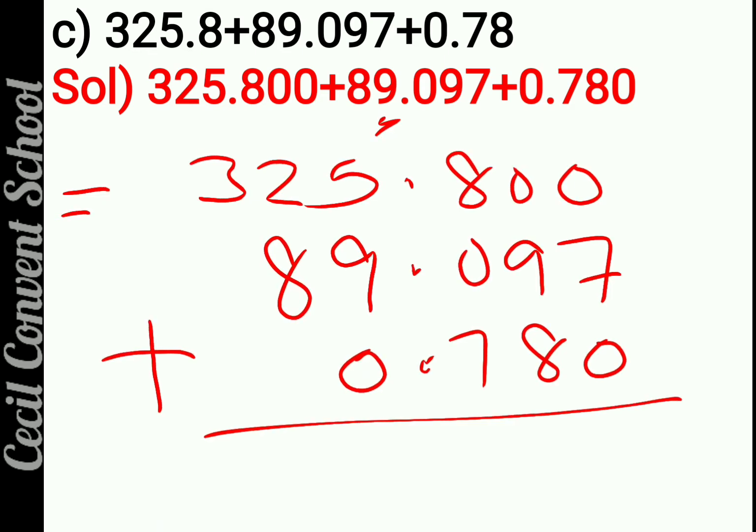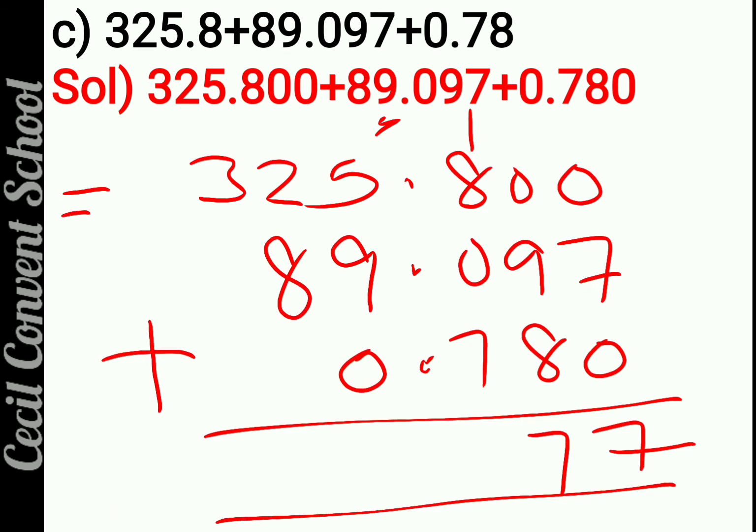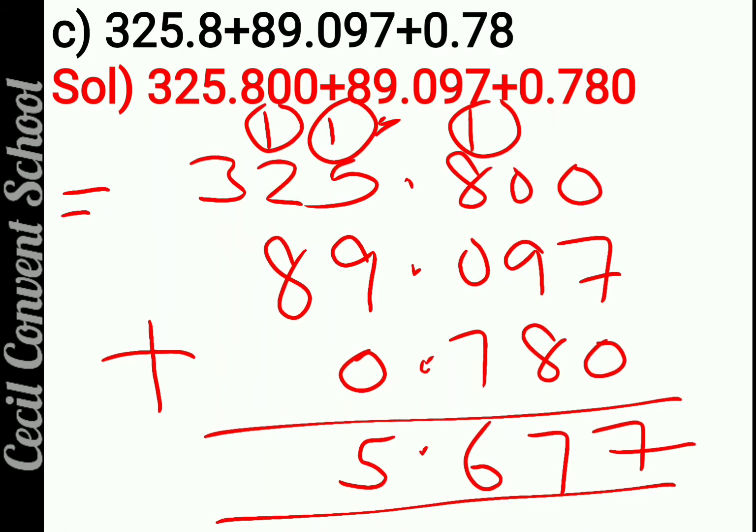And then we plus them. So if you plus it, 0 plus 7 plus 0 is 7. Clear? Then 9 plus 8 is 17. 8 plus 1 is 9. 9 plus 7 is 16. 1 will go up as it is. 9 plus 5 is 14. 14 plus 1 is 15. 1 as it is. 8, 9, 10, 11. 3 plus 1 is 4.